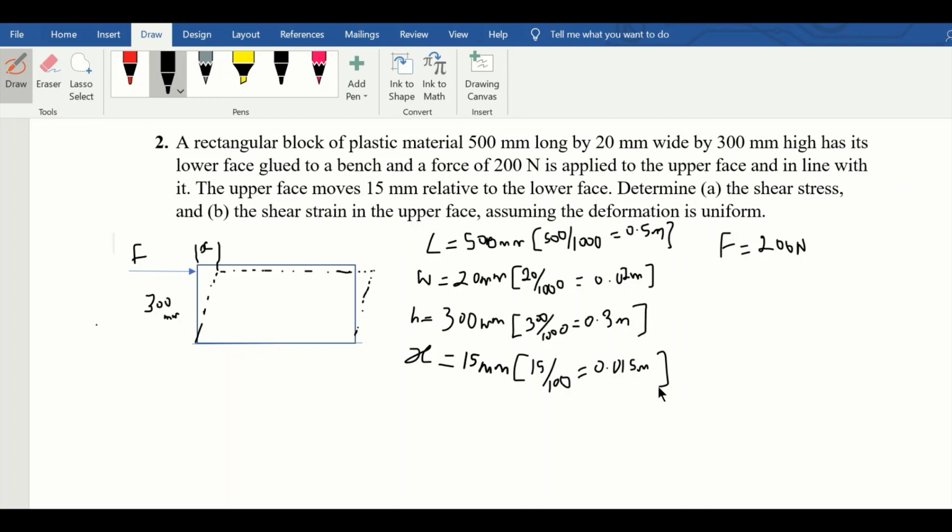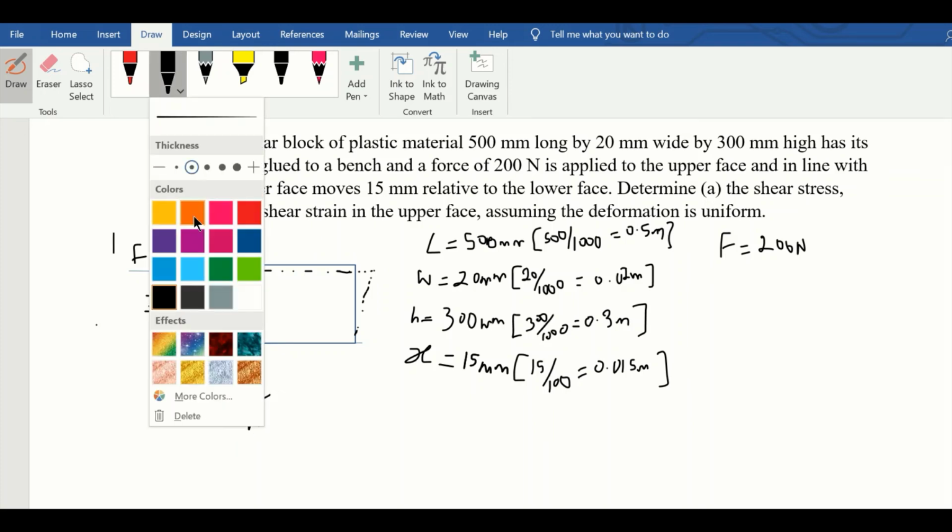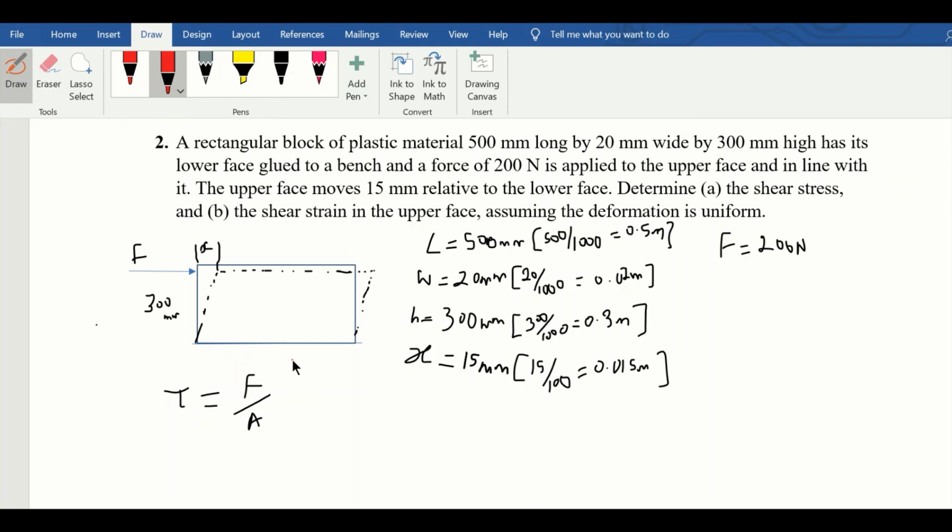The first question is that we're asked to find the shear stress. And I said that to find shear stress, the formula is tau equal to force over area. But what is the area of this rectangular block? It is length times width. So I can say therefore it is the force over the area of the rectangular block, which is length times width.